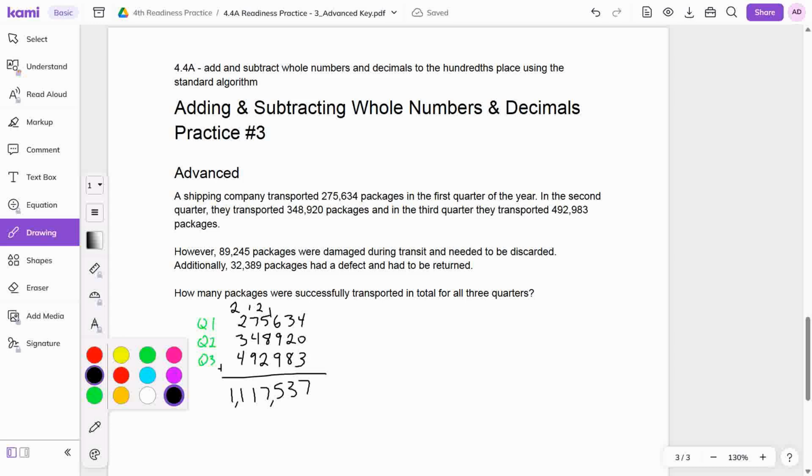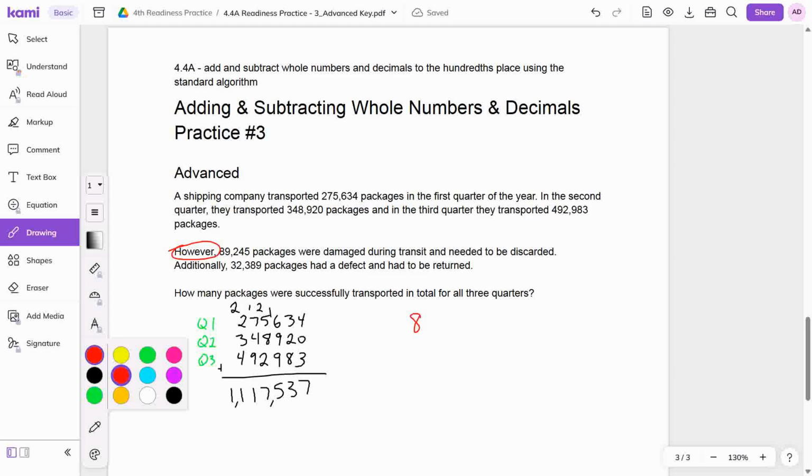However, let's see what we have here. We've got some damages and some defects. And so I need to subtract those. I can either subtract in 2 different chunks, I can minus the 89,000 and minus the 32,000, or I want to go ahead and add those 2 up so I can do one subtraction. So let's figure this out.